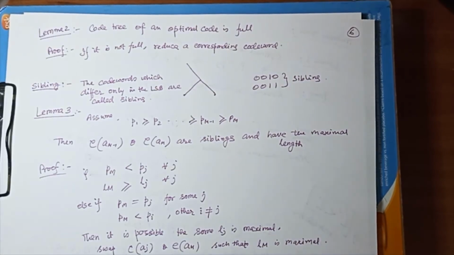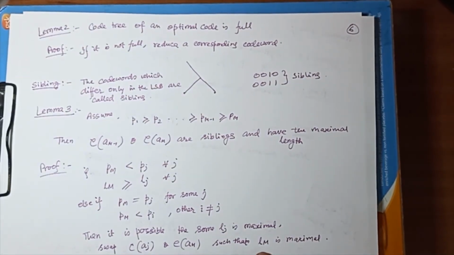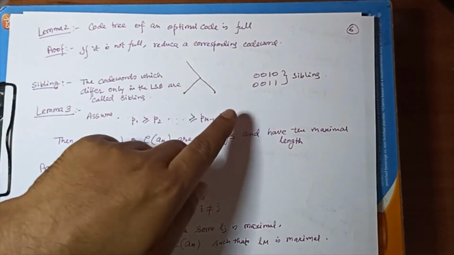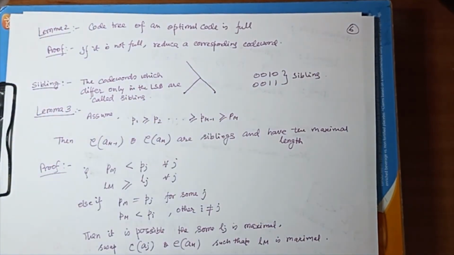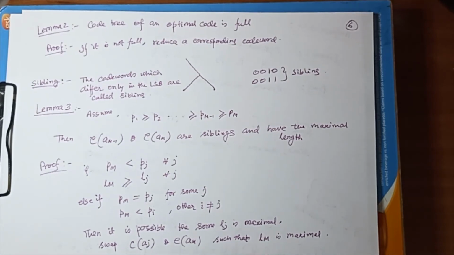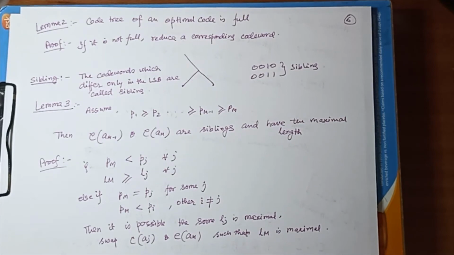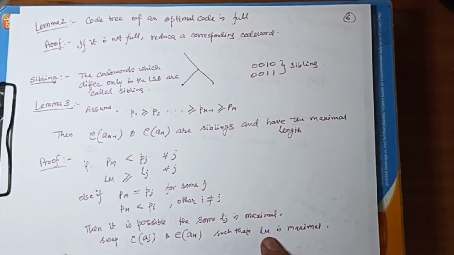This is the first step, where you assign the maximal Lm to the last symbol, which has the least probability. Next, since the code has to be full, this length Lm, the corresponding code word, should definitely have a sibling, otherwise the code will not be full. So there will be another length which is the same as this Lm.